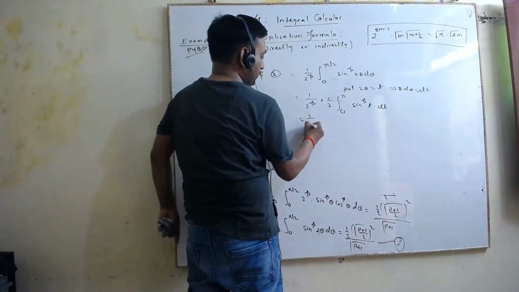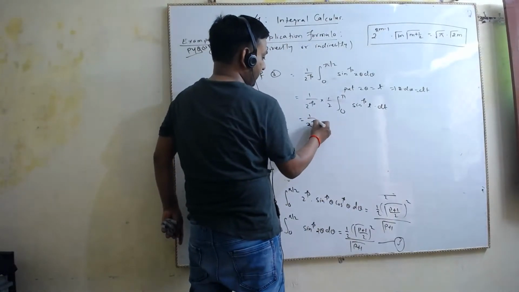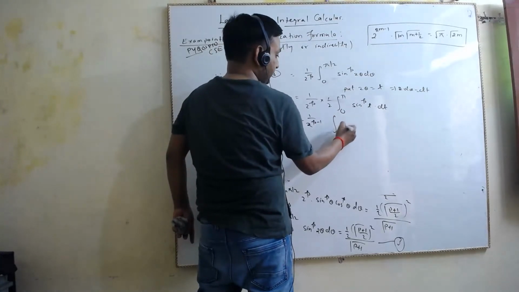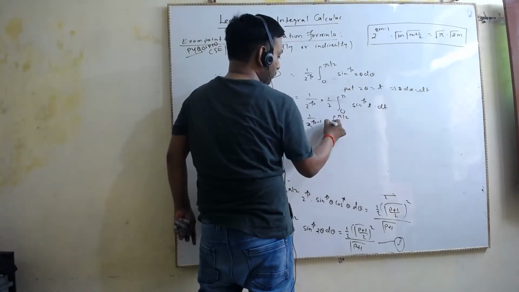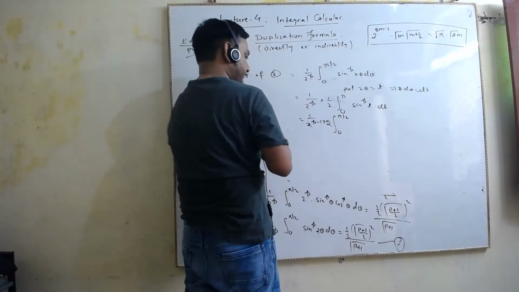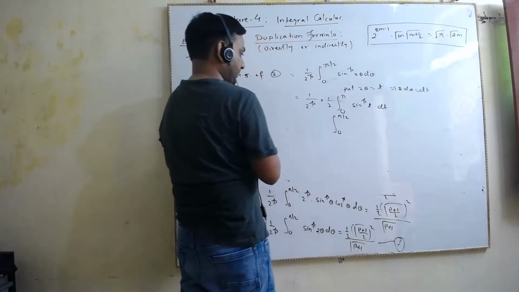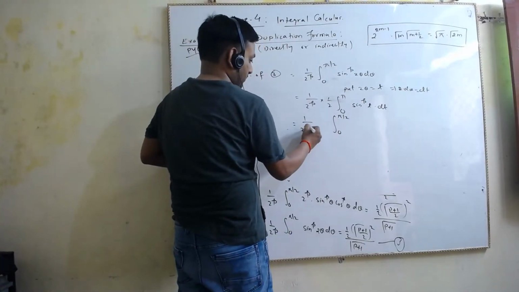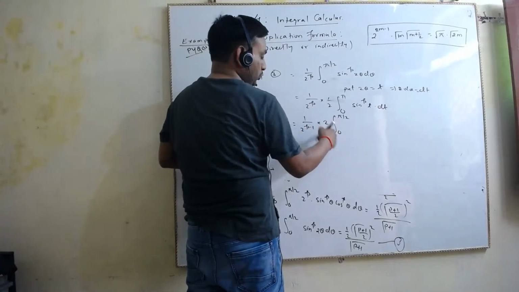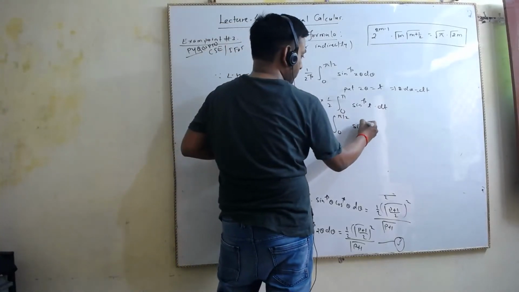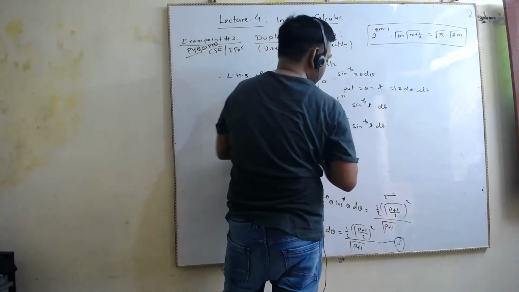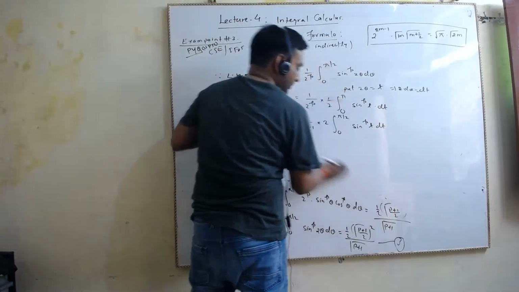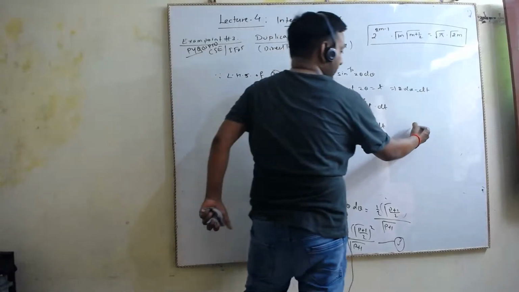So if you use the property of definite integral, what will happen? This will be 0 to pi by 2 two times, right? This will be 2 times 0 to pi by 2 sin pt dt, right? What have I used?